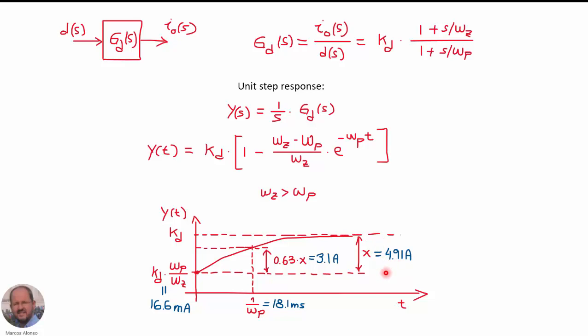So what we can do now is to take our converter implemented in LT-SPICE and apply this unit step at the input, and with only one simulation we can pretty much verify if the response of our converter is the same as we have predicted theoretically.